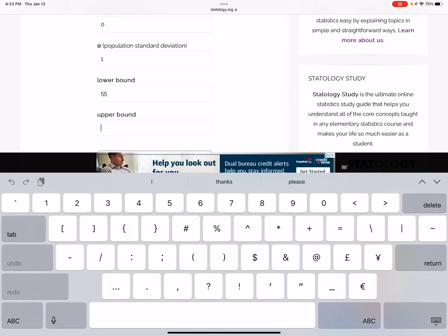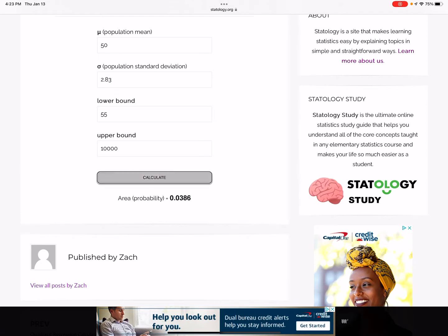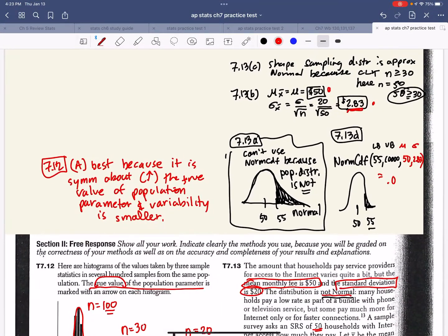And the upper bound was a really big number. And our mean was 50. And our standard deviation was $2.83. And we calculate. And we get 0.0386. I'll round that up to 0.039.